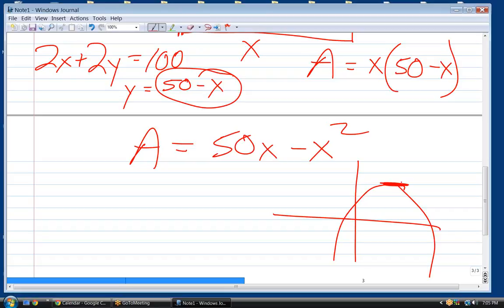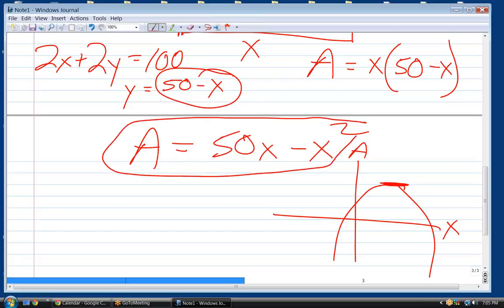That point right there will be the maximum area. In other words, this is area, this is x. So if I graph this quadratic and figure out where the vertex occurs, that number right there will be the maximum area you can possibly make.